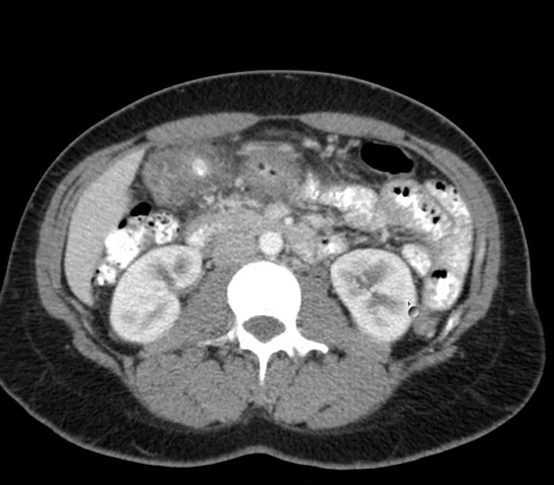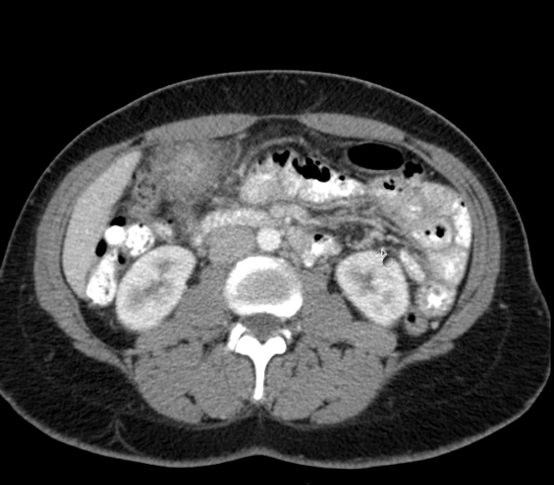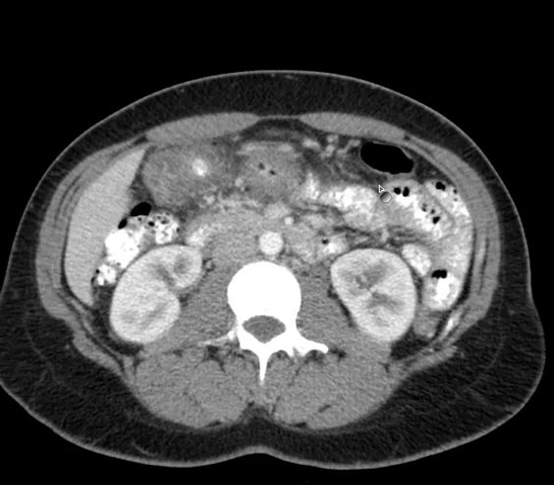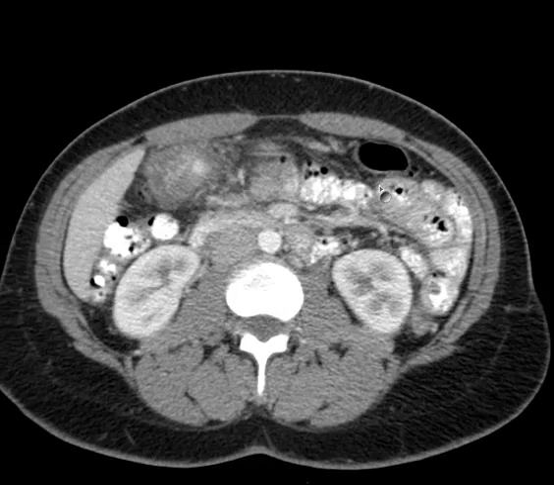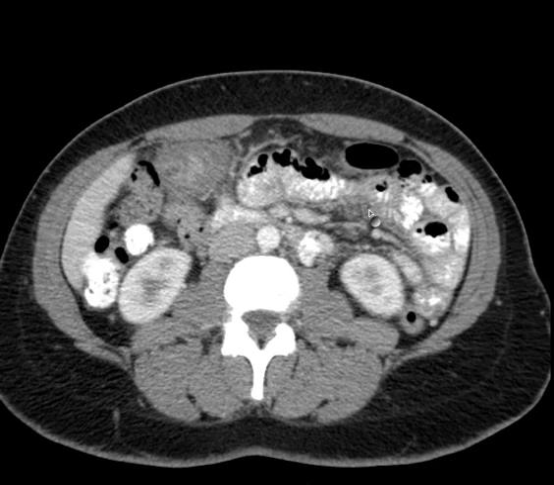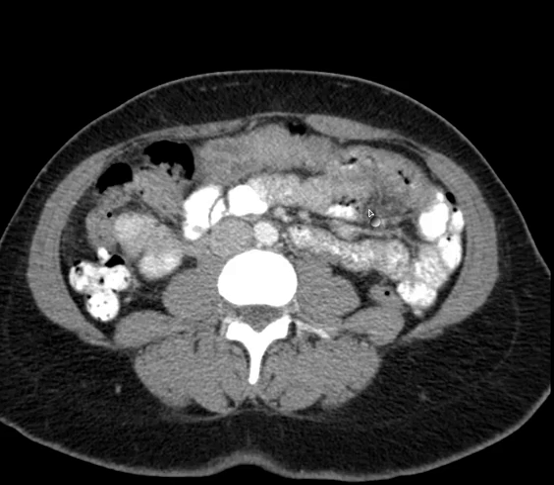And right here, does that catch your eye? Here you have bowel. Some has air, some has oral contrast in it, some has both. And if I move up and down in this plane, look right around here, and do you see that that distinguishes itself from the surrounding structures?